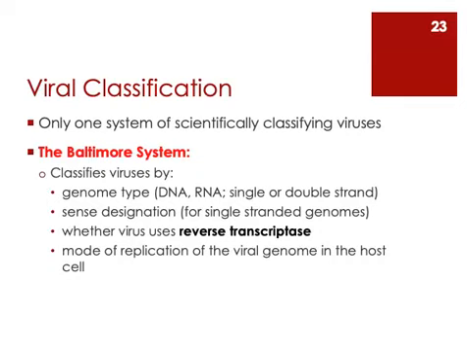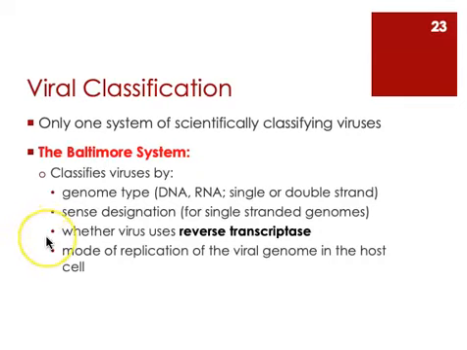Next on the list is the sense designation. Now, I don't want to get into this too much, but this is only a feature of single-stranded genomes. So this sense designation only applies to the single-stranded RNA materials, and it's a system that names them either plus or minus according to the sequence of bases that you find in them. And again, I'm not going to get into too much detail on that, but that's called sense designation.